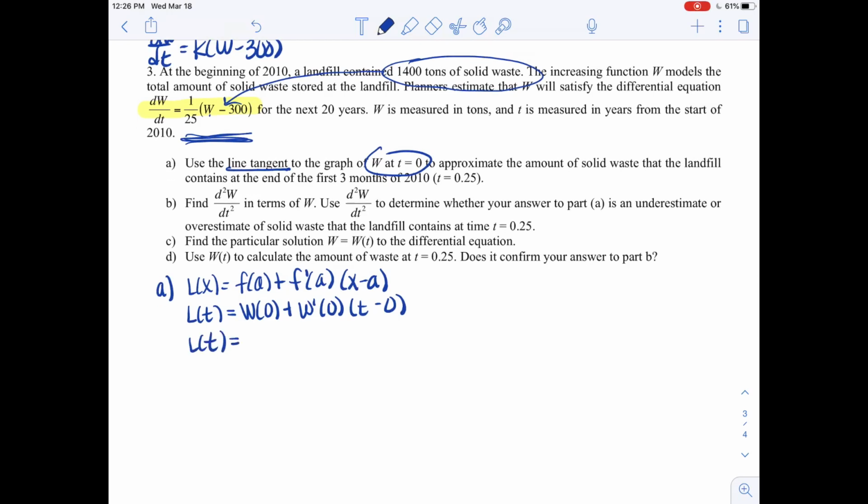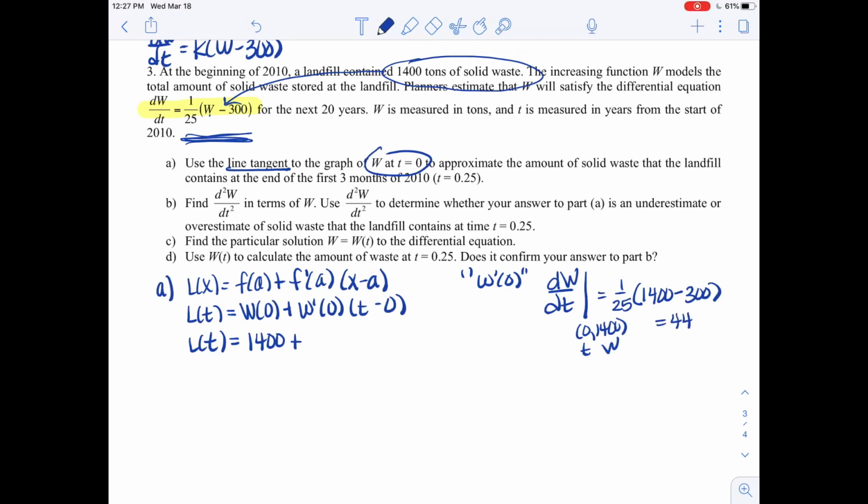Okay, so they give us that w of 0 is 1400. To get w prime of 0, and I'll put this in quotations because it's a little weird, you're going to plug into dw/dt at the point (0, 1400). So this is your t and this is your w. When you plug in, it's 1 over 25 times 1400 minus 300.